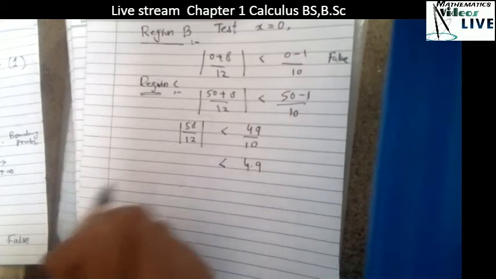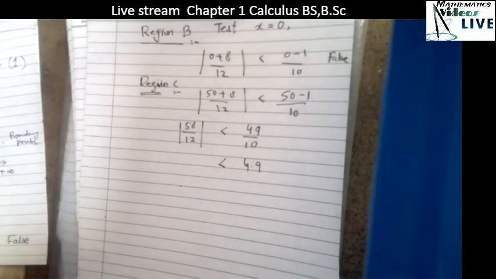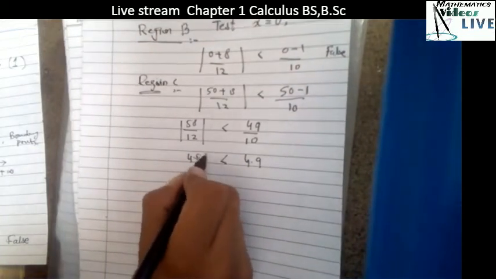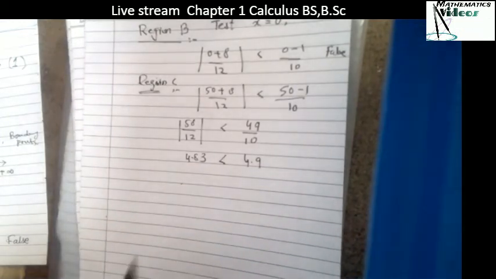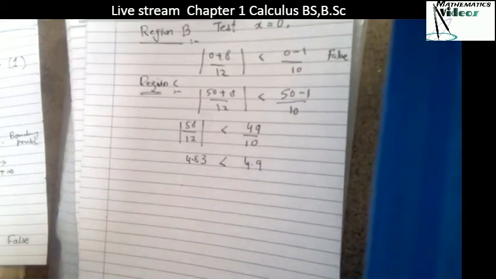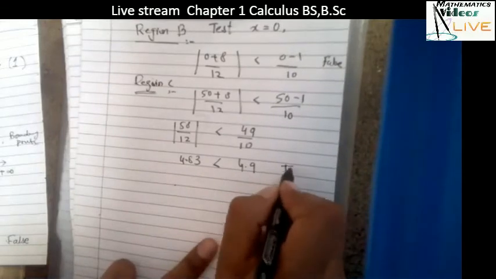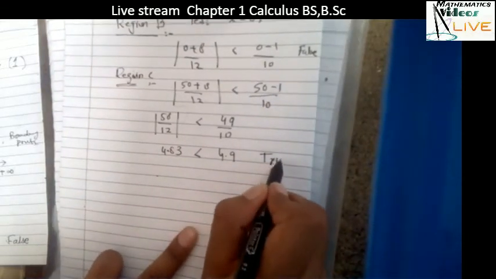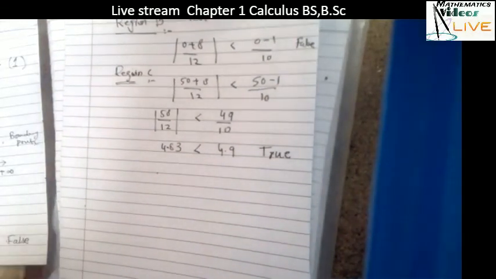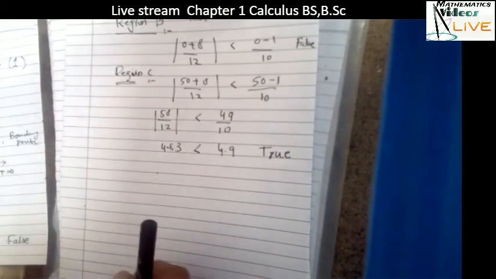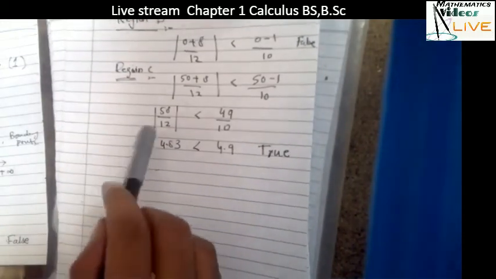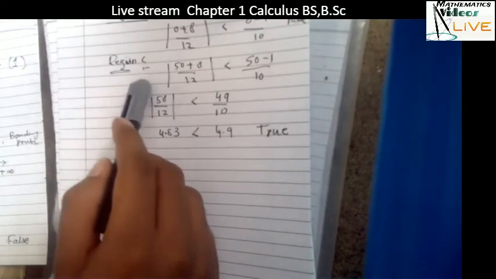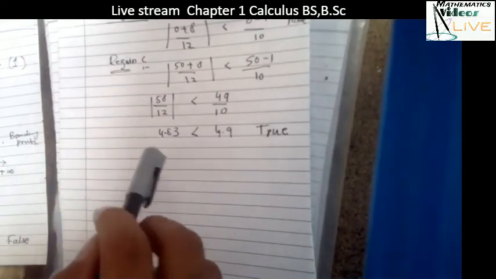We get 50 plus 8 divided by 12 less than 50 minus 1 divided by 10. 50 plus 8, 58 divided by 12, absolute value less than 49 divided by 10.